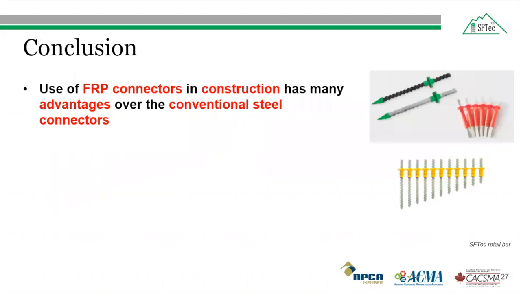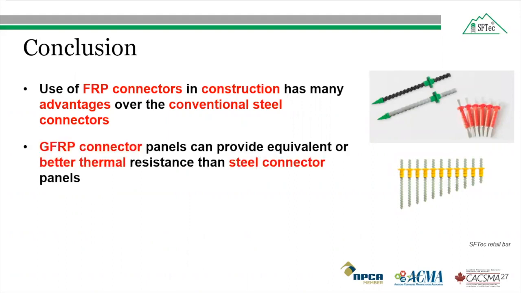So in conclusion, due to the corrosion resistance, lightweight, and magnetic-free nature of FRP connectors, they can be used in construction, replacing the conventional steel connectors. The GFRP connectors in precast insulated sandwich panels can provide equivalent or better thermal resistance than the steel connector panels due to the low thermal conductivity of the GFRP compared to the steel.